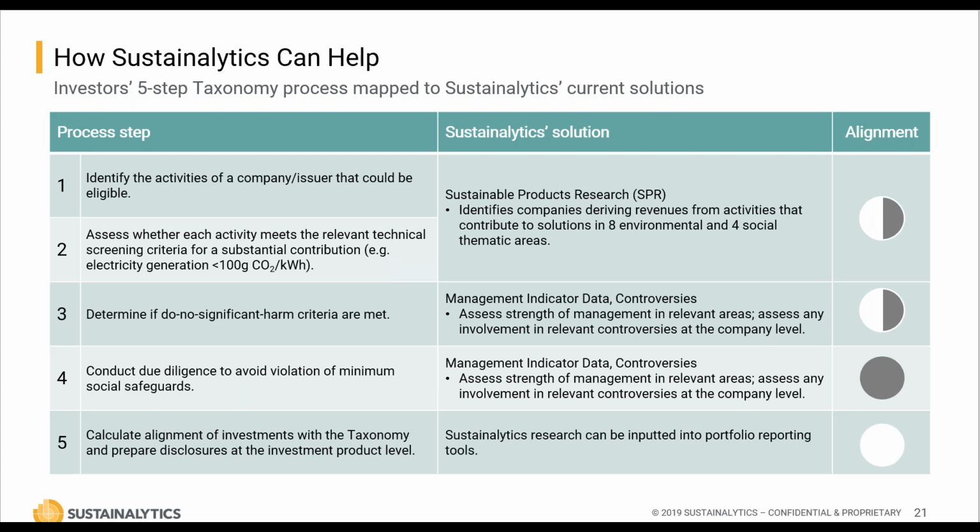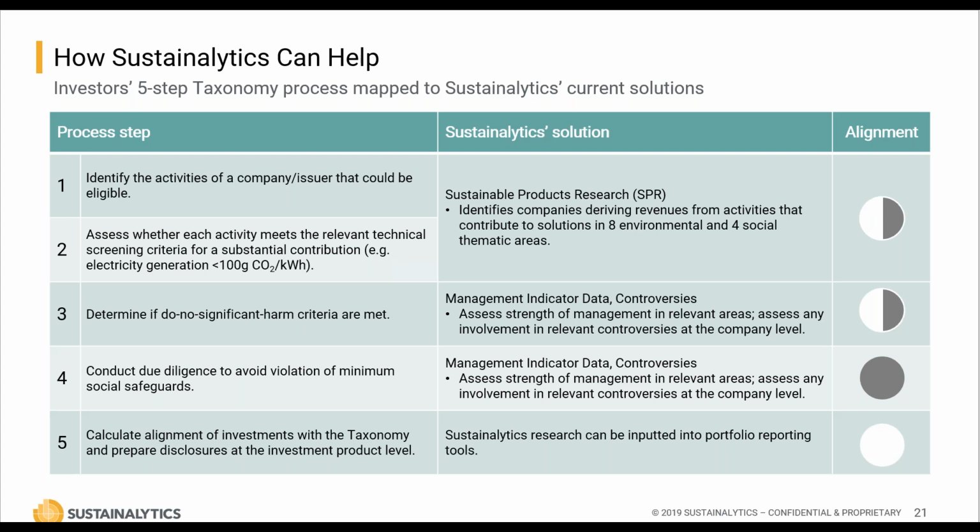The third step is to apply the do no significant harm criteria, which are designed to ensure that the activity doesn't undermine other EU environmental objectives. In practice, assessing compliance against these criteria will involve a due diligence-like process focused largely on good environmental management and on regulatory compliance, at least where regulations are decent.